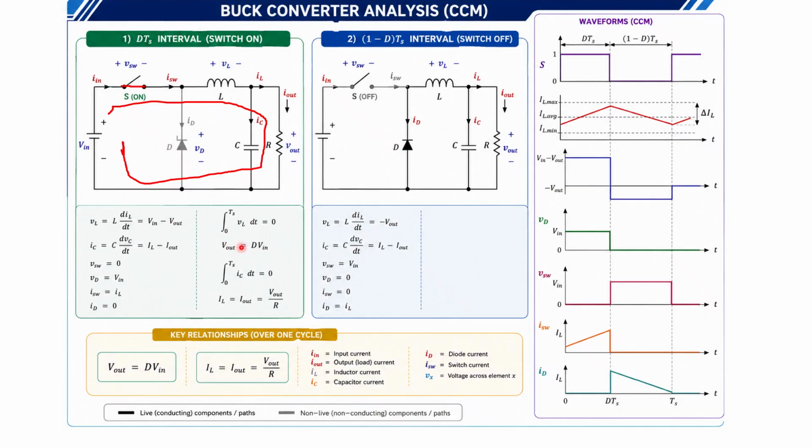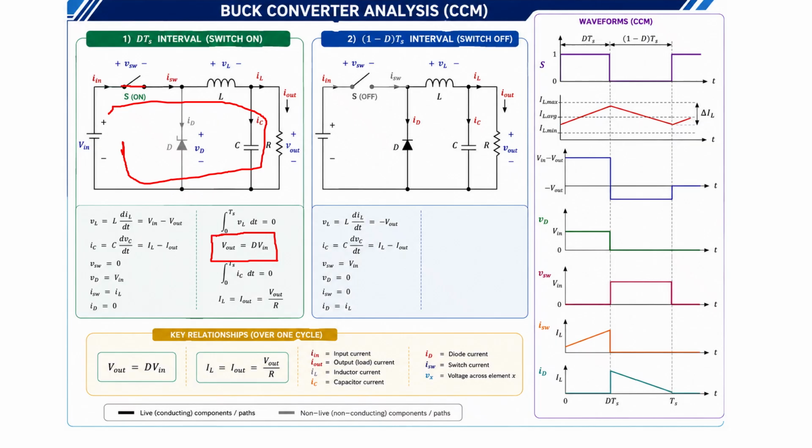So V out is equal to D into V in, or D is equal to V out upon V in. So this is the equation of output voltage for a buck converter.